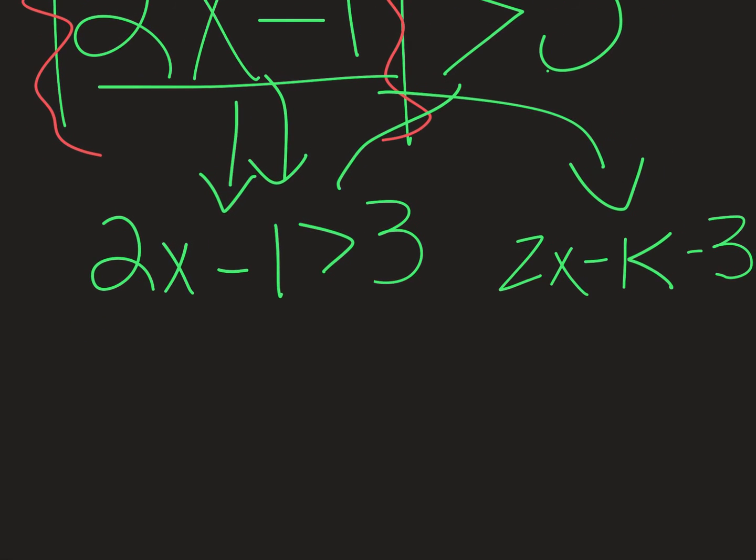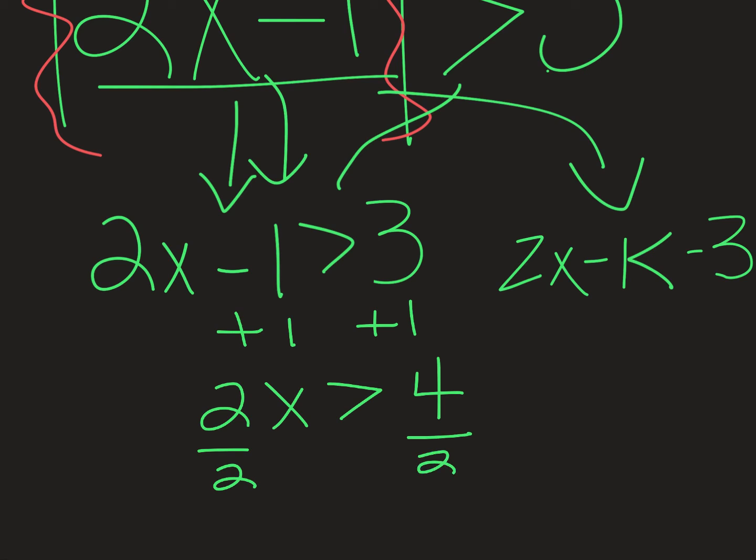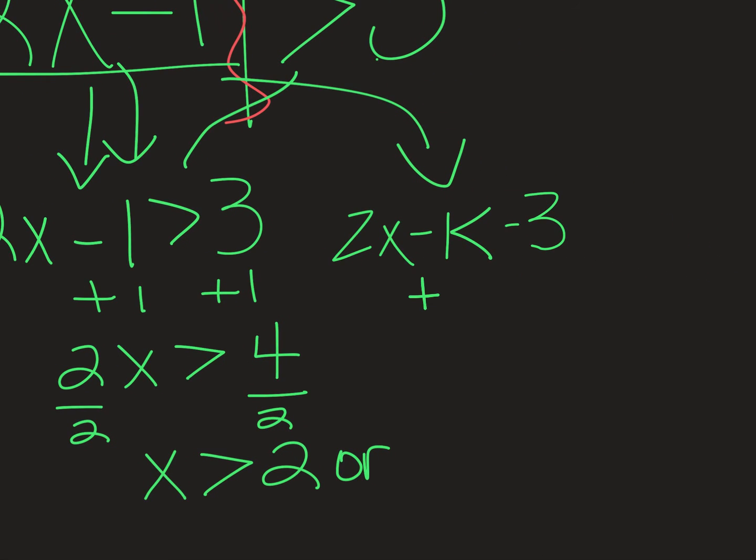And then you solve. So plus 1, plus 1. 2x is greater than 4. Divide by 2, divide by 2. X is greater than 2. Or, plus 1, plus 1. 2x is less than negative 3 plus positive 1, which is a negative 2.